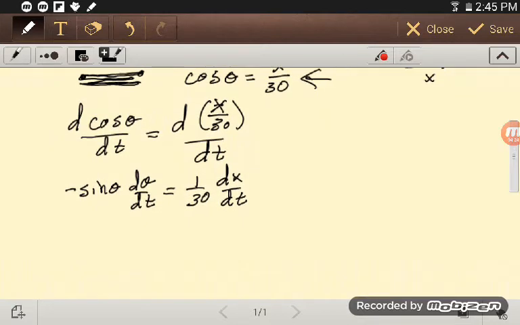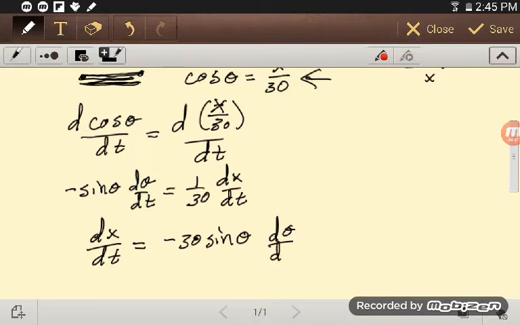Okay, so that's pretty simple. What do they want? dx dt as a function of theta. So dx dt is equal to minus 30 sine theta d theta dt.